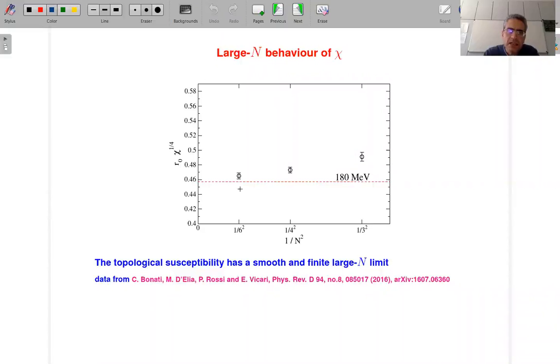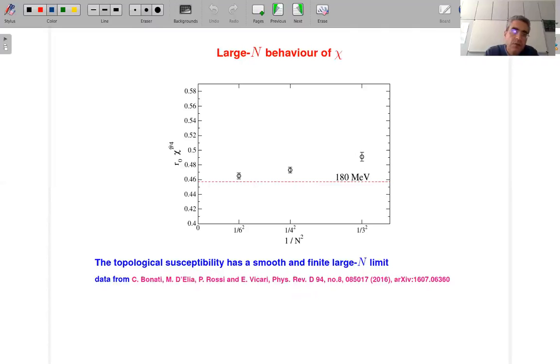Also in this case, I've reported the data not in the same units in which they were reported in the original paper, which is reported here, in units of the string tension, but on the same scale of the previous plot, so in terms of the Sommer parameter.